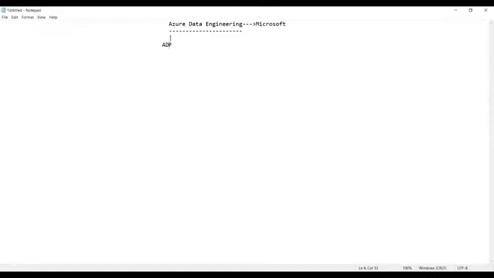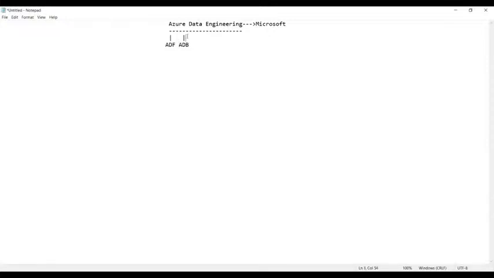Apart from ADF, we also have ADB, which stands for Azure Databricks.